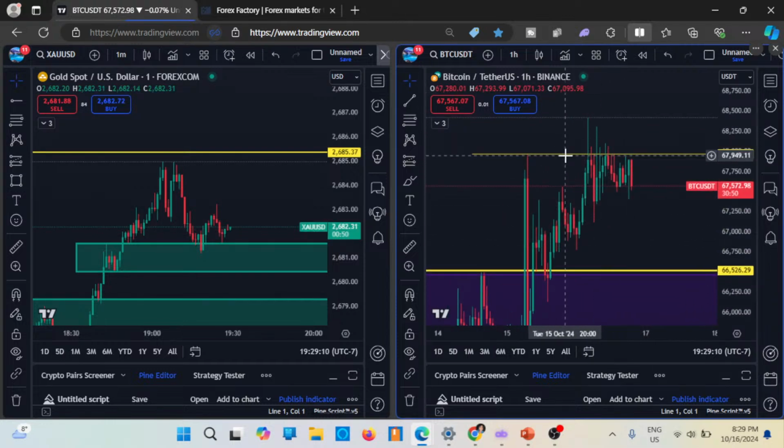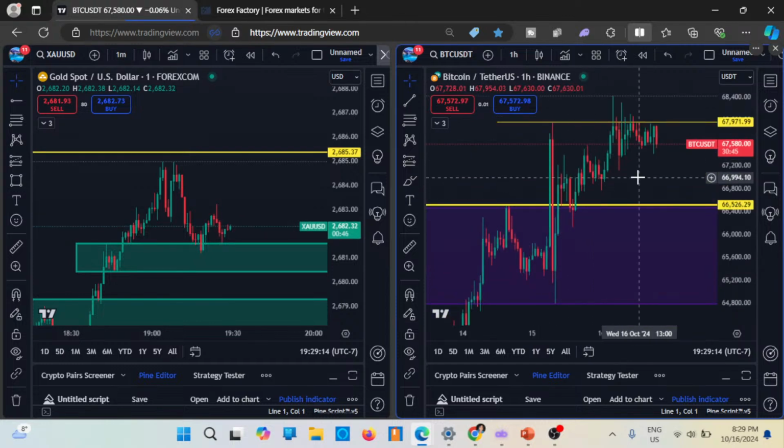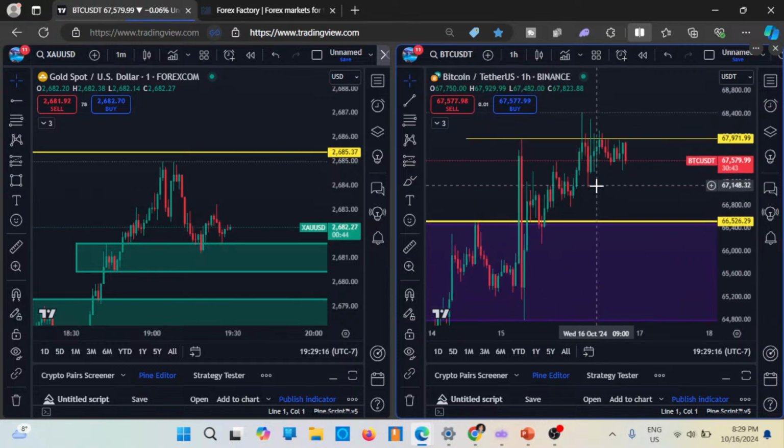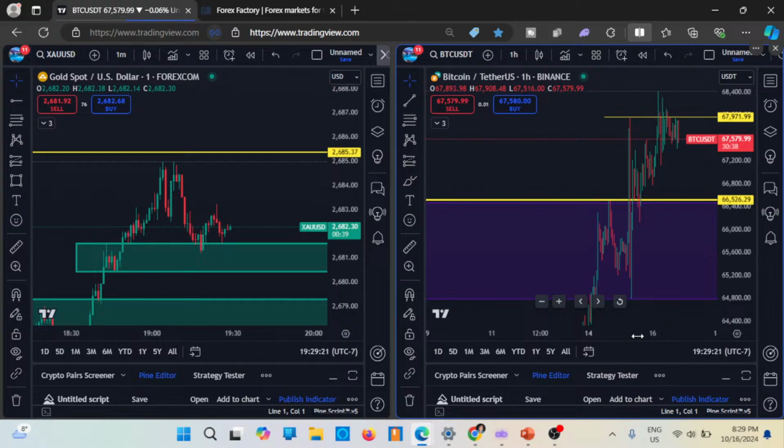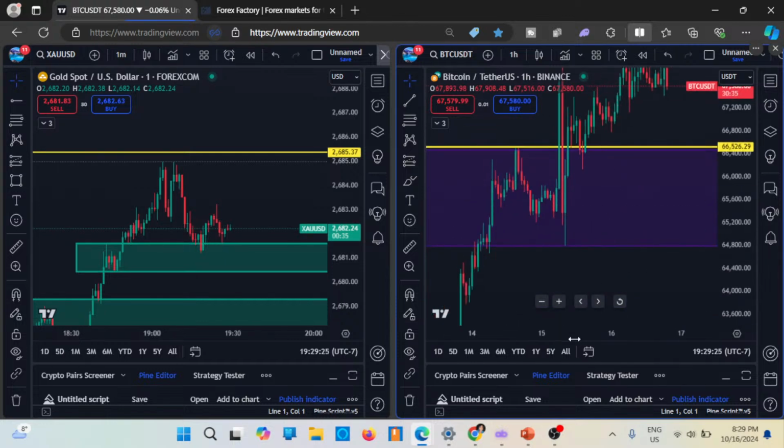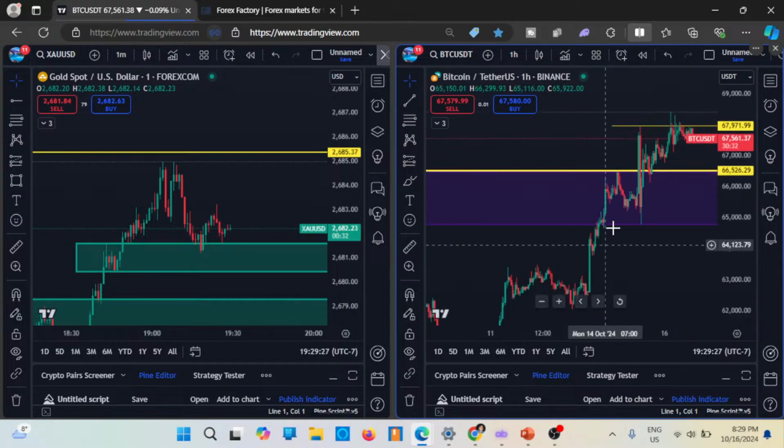I would enter a sell because of this rejection, but I don't encourage doing that because that is counter trending and you don't want to be trading against the trend. It's not really a good strategy. It's best to trade with the trend. Bitcoin right now is currently in an uptrend.